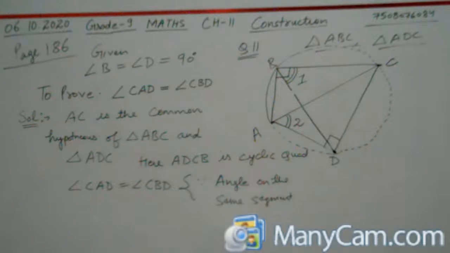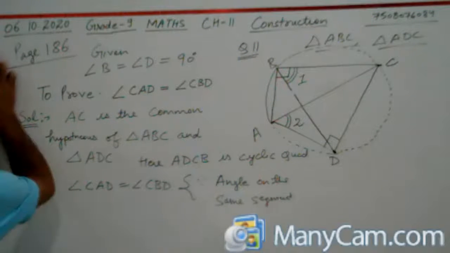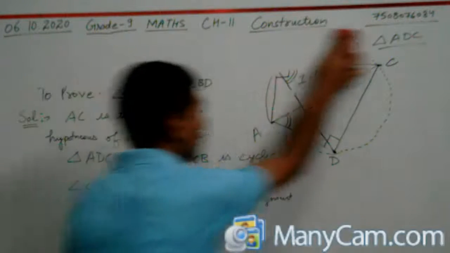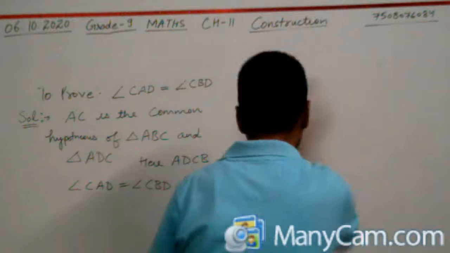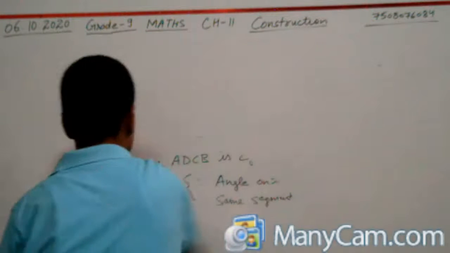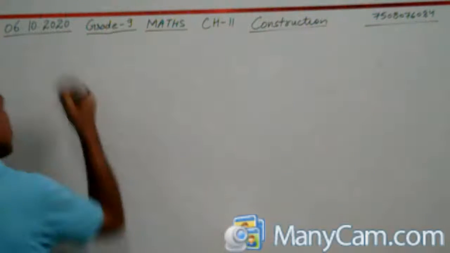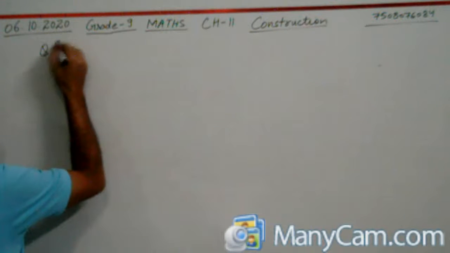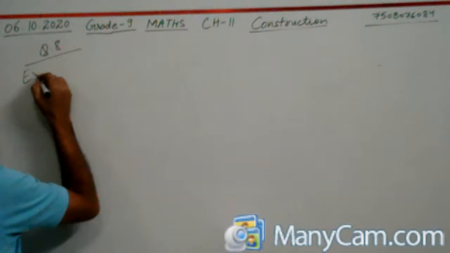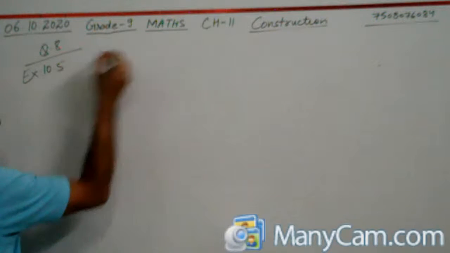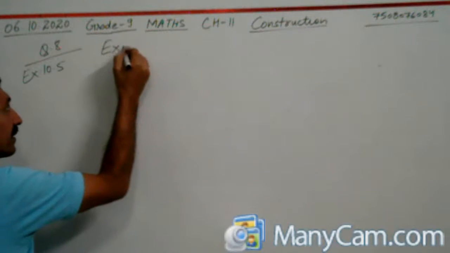If the non-parallel sides of a trapezium are equal, prove that it is cyclic. Question number 8, exercise 10.5. Explain that.